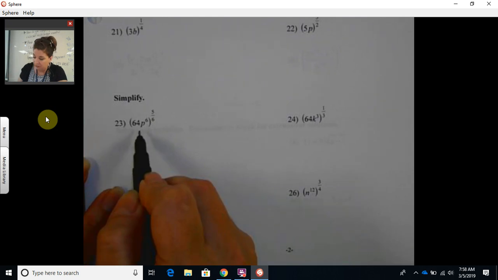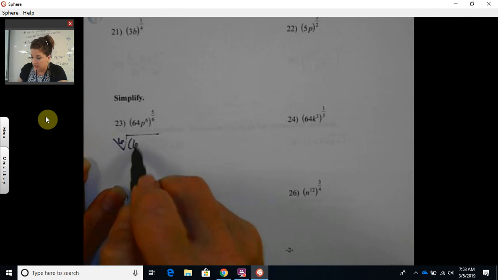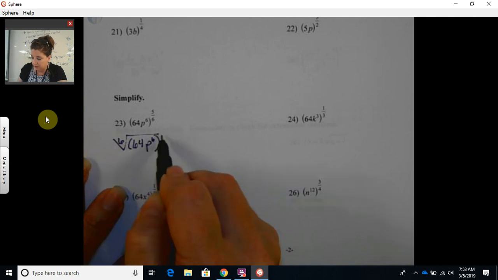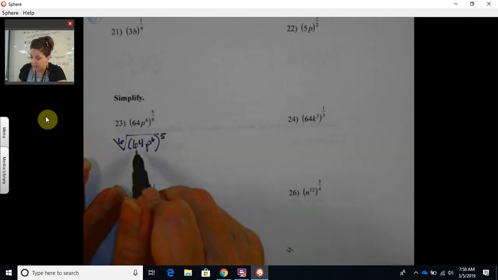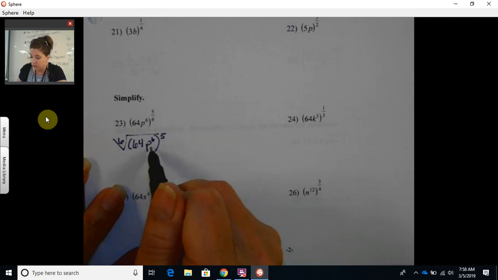So the 6th root of 64 p to the 6th quantity raised to the what? 5th power. Now you can either do 64p to the 6th raised to the 5th first, or you can take the 6th root of 64p to the 6th and then raise it to the 5th power.